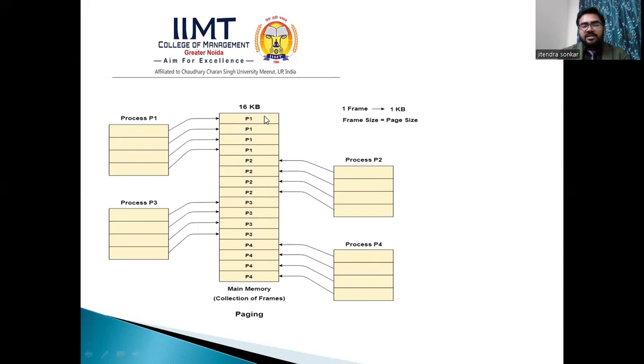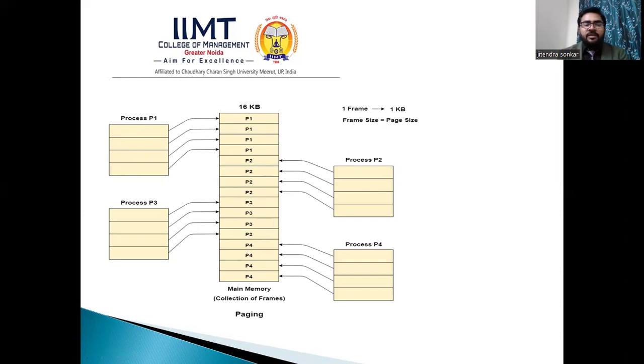Each frame size is 1 KB and each page size is 1 KB, so the page size and the frame size must be the same. This is the concept of contiguous memory allocation. The operating system tries to allocate the memory in a contiguous way.